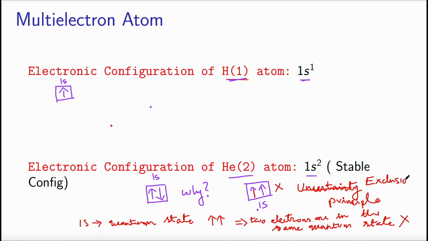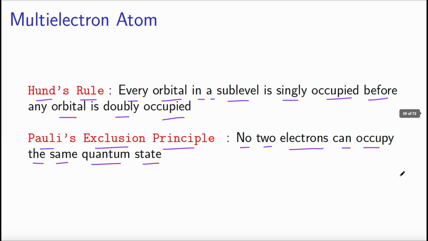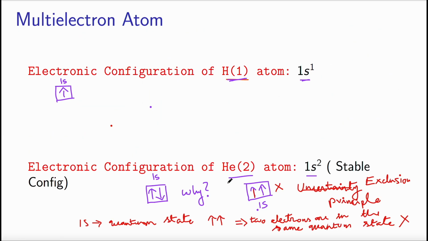That is what we have learned. If you go back, no two electrons can occupy the same quantum state. This is Pauli's exclusion principle, and this is what is in action here. So this is wrong. This is correct. If we put one electron in the up state and one electron in the down state, then the two electrons are in different quantum states, and that is allowed.